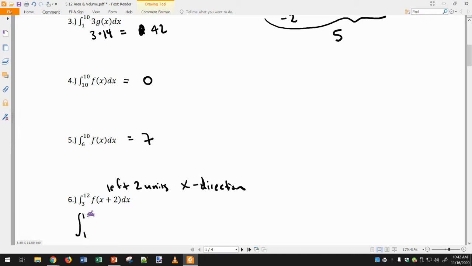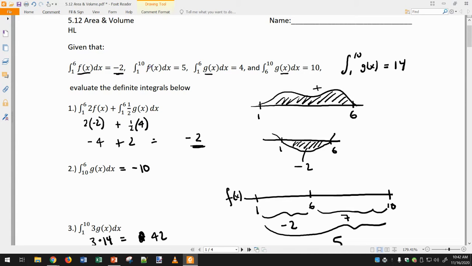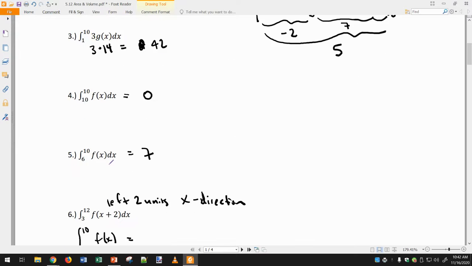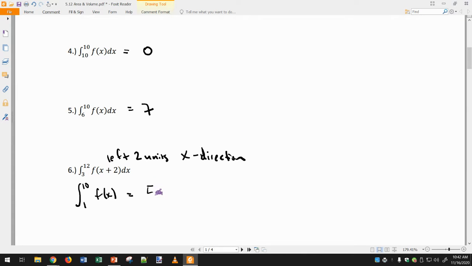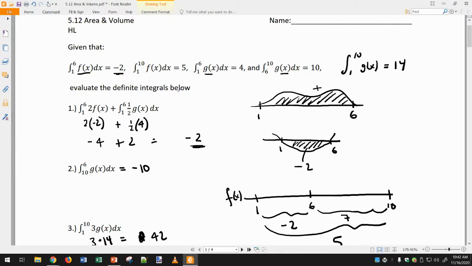So we get 1 to 10 of f of x. This is the same thing as from 3 to 12 of f of x plus 2. So then we check what we're given. 1 to 10 f of x is 5. So this is just 5. And that's it for the first section.